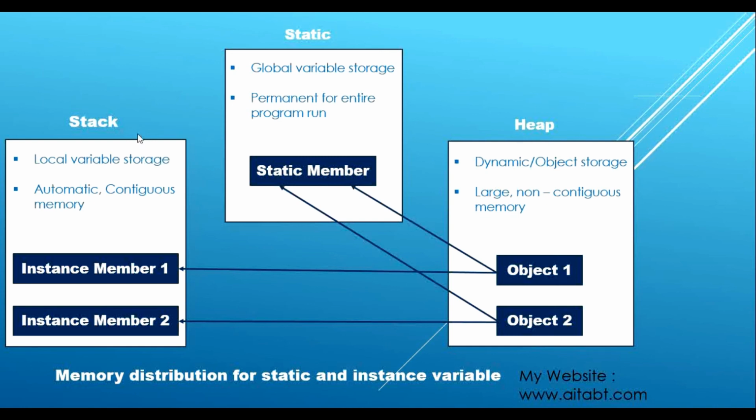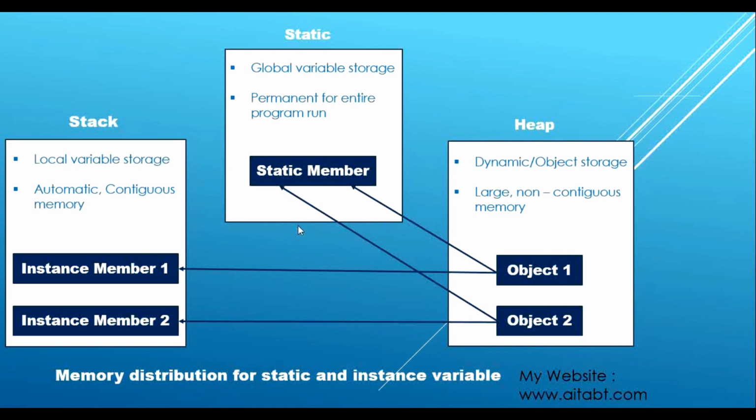Now we know this is the stack, and all the local variables get stored here, and on this heap all the objects are there. Whatever static members are present in your type, and here for example the class is our type, if there are any static members in the class, they will get stored on this static memory.